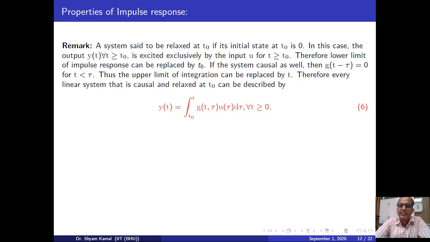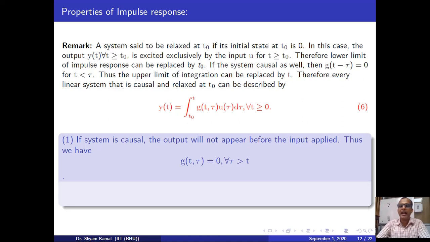linear time invariant system. So this expression is linear for a linear time invariant system as well as a time varying system. But in the case of a time invariant system, it is possible to show that g(t, tau) is nothing but g(t minus tau), and the same expression I have written in the second class.